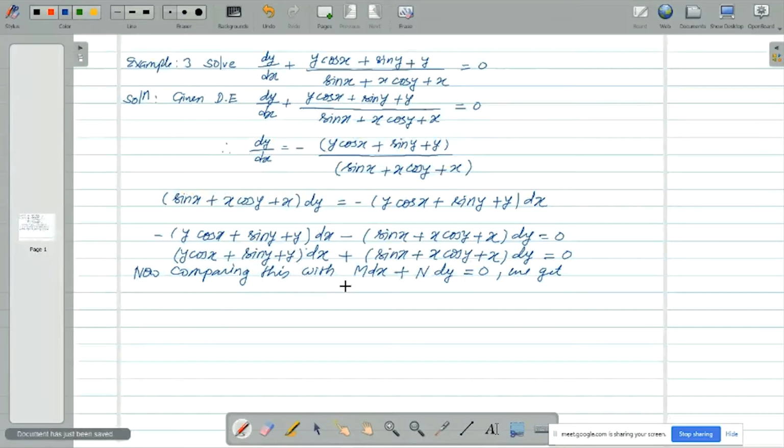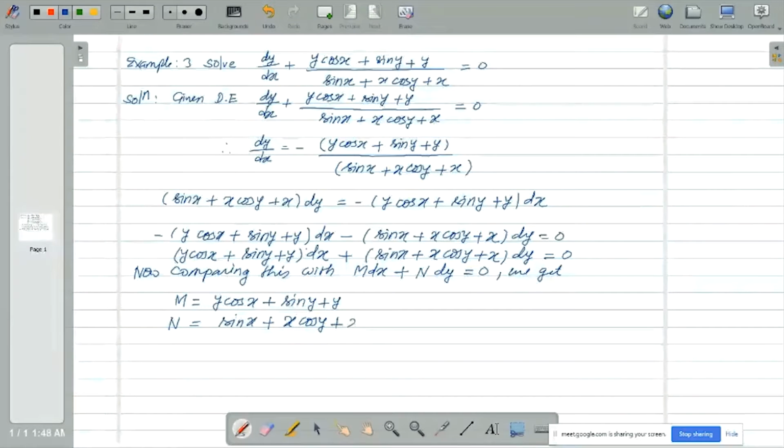So M = y cos x + sin y + y. Now come to the second part, N dy: dy equals dy, so N equals this part. Therefore N = sin x + x cos y + x.